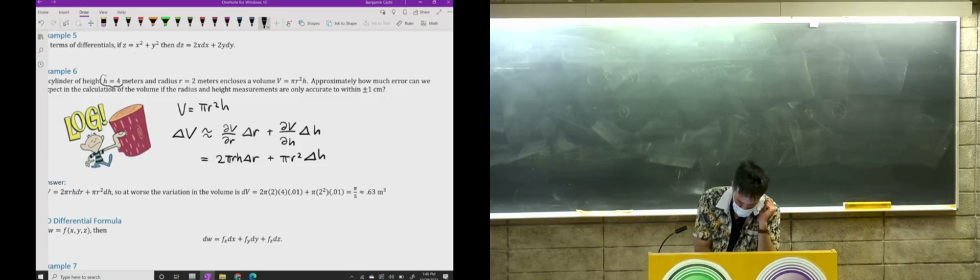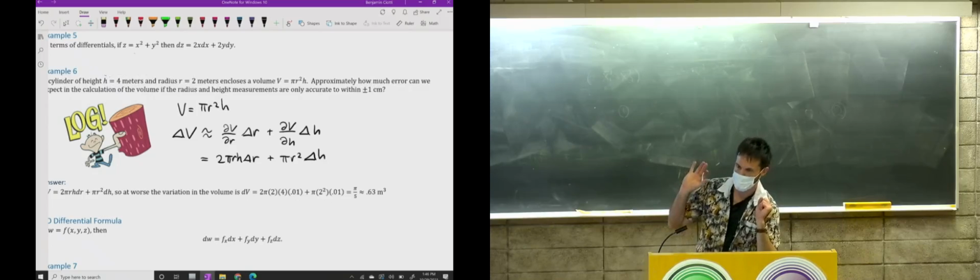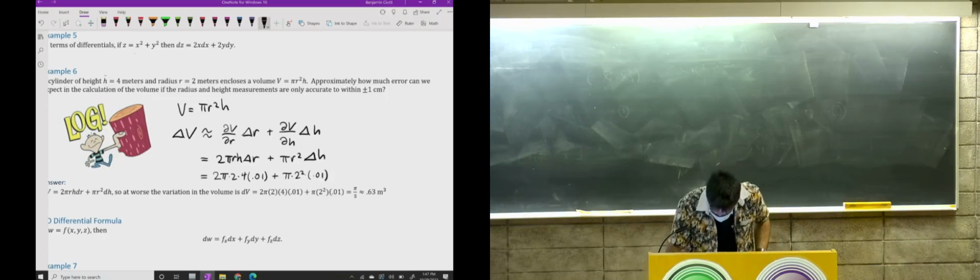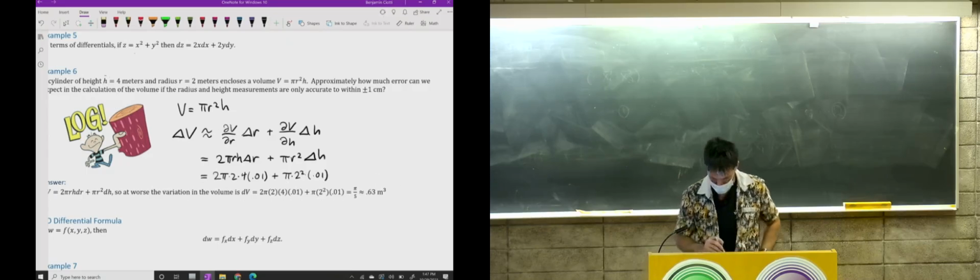If we're assuming that the height is 4 plus or minus 1 centimeter and the radius is 2, also plus or minus 1 centimeter, then the approximate change in the volume is going to be 2 pi times 2 times 4 times 0.01 plus pi times 2 squared times 0.01, which comes out to about 0.63 meters cubed.